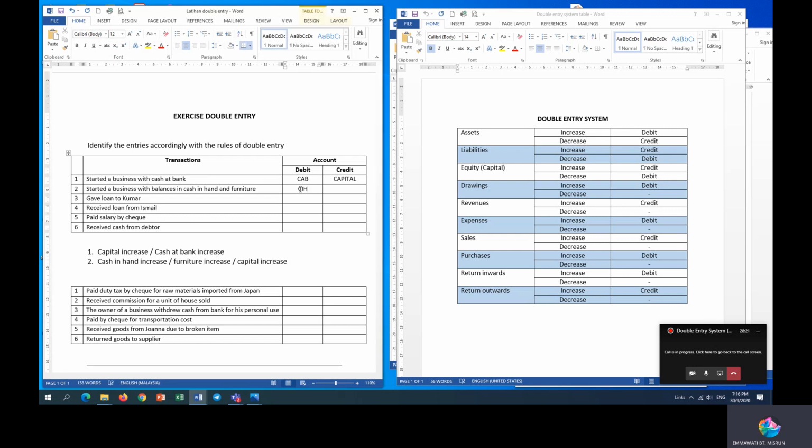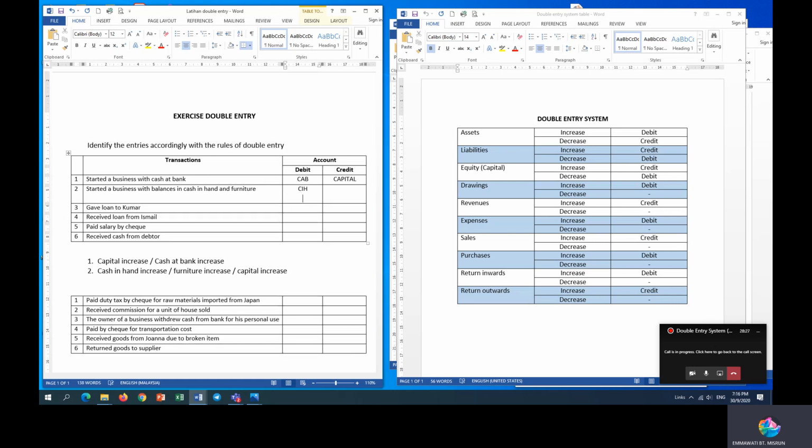Cash in hand debit. And then we also have another asset account which is furniture that is increase. Furniture is asset, asset increase. So debit. So kita debitkan furniture. And at the same time, we have capital increase. So capital is here. Capital increase. So kita kreditkan.